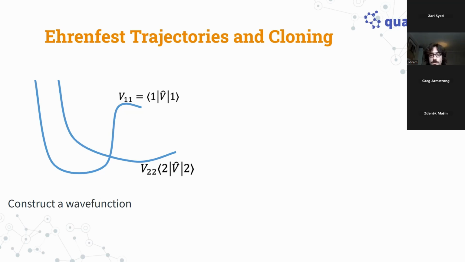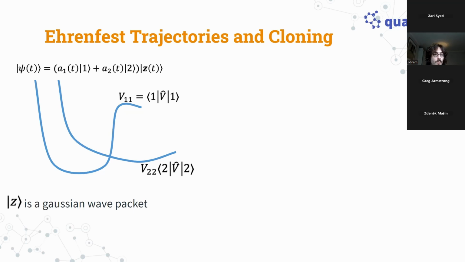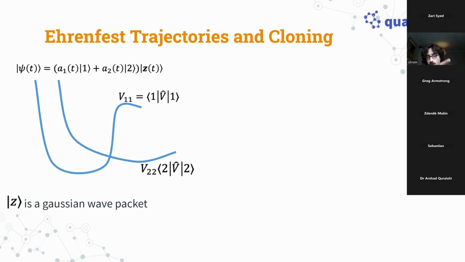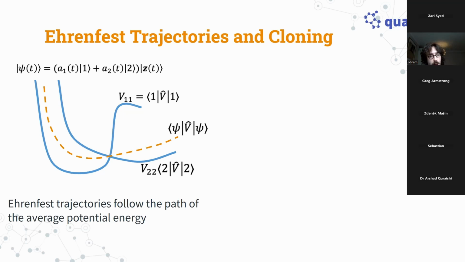And now we're going to construct our time-dependent wave function, with amplitudes on 1 being the first potential energy surface, and 2 the second. And then we use a Gaussian wave packet, which are the things that we're going to move along these surfaces in time. And these follow Ehrenfest trajectories, which follow the average path between the two states.